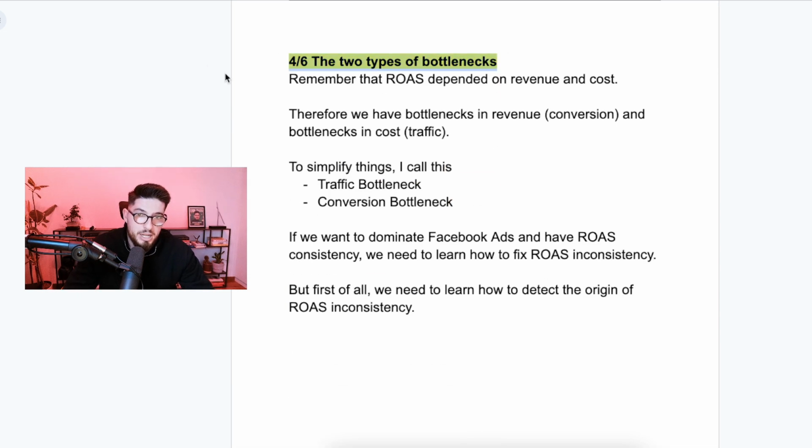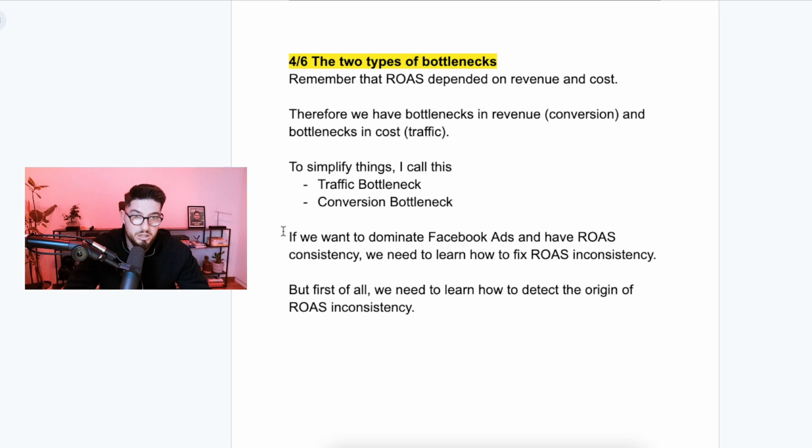The 2 types of bottlenecks. So if you remember, at the beginning I mentioned the ROAS depends on revenue and cost. Therefore, we have bottlenecks in revenue, which we're going to call conversion, and bottlenecks in cost, which we're going to call traffic. To simplify things, the names that I've put: traffic bottleneck, conversion bottleneck. That is it, okay?